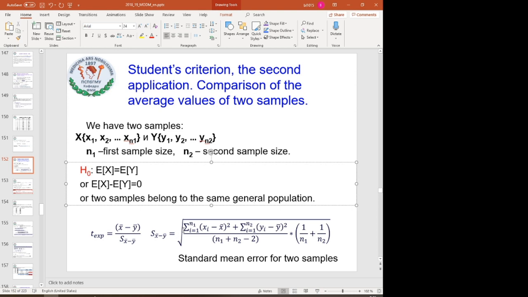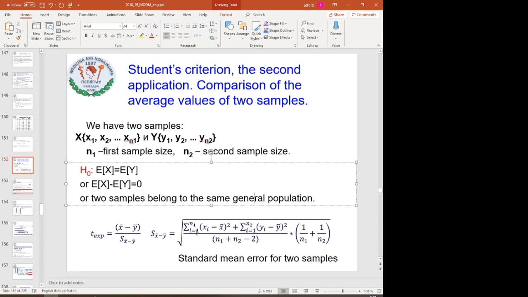If you remember the standard mean error for one sample, you can remember the numerator is this sum of each x minus mean x squared, and in the denominator is n times n minus 1.